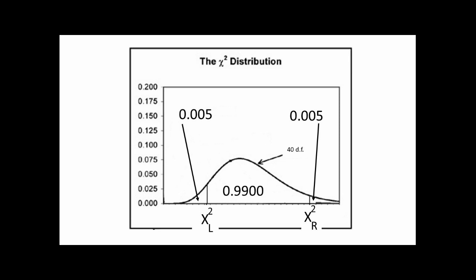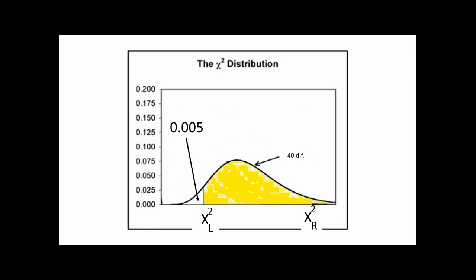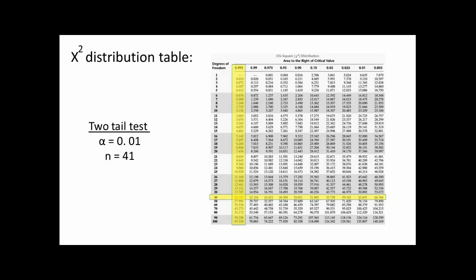The left critical value, called chi L squared, has an area of 1 minus 0.005 to the right, which is 0.995. Find 0.995 with 40 degrees of freedom, and you get a critical value of 20.707.